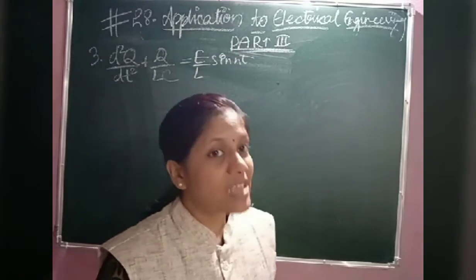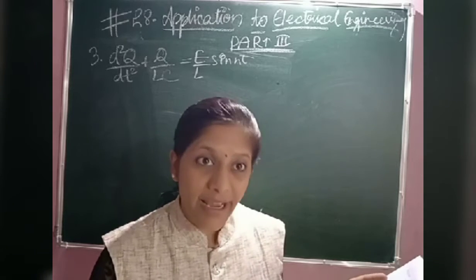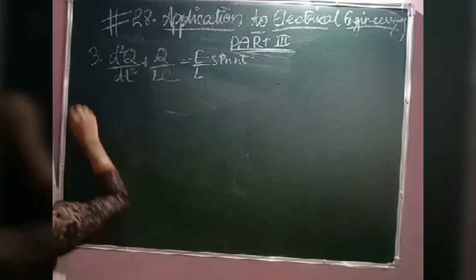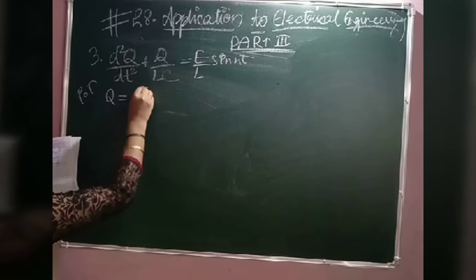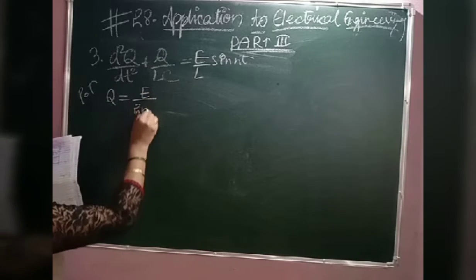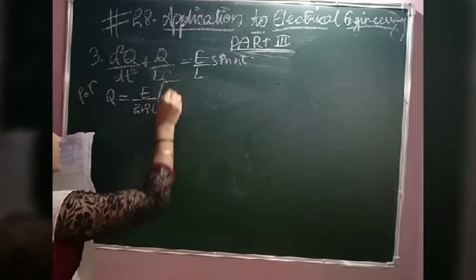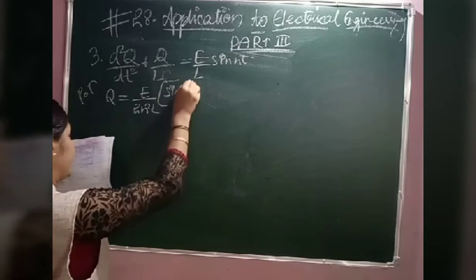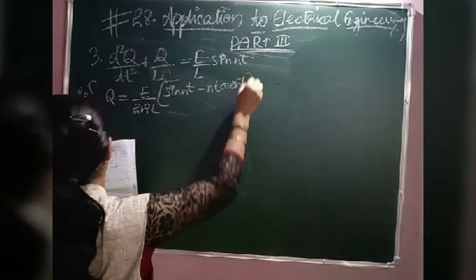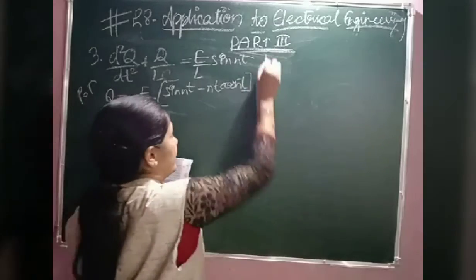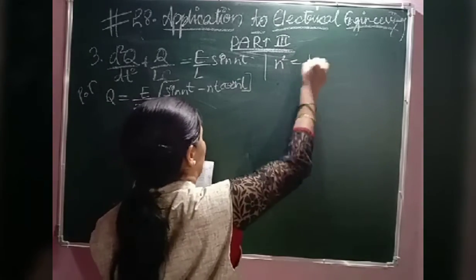Prove that the charge Q at any time t is given as Q equal to E by 2 N square L times (sin Nt minus Nt cos Nt), where N square equal to 1 by LC.